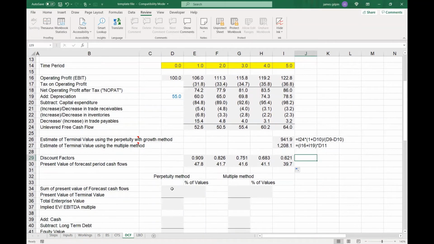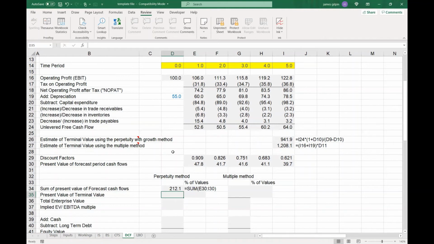And then I'm going to sum them up now to express the sum of the present values of those cash flows. So I'm going to build a sum function, equals sum open brackets, and then select those 5 cell references there along that row to get to the sum of present values of those cash flows.